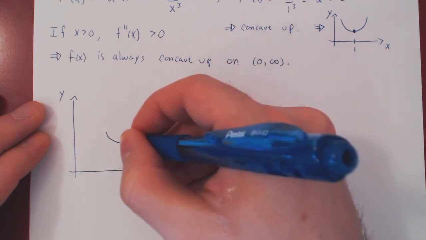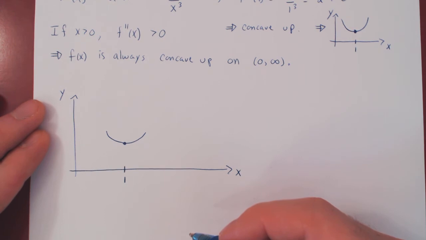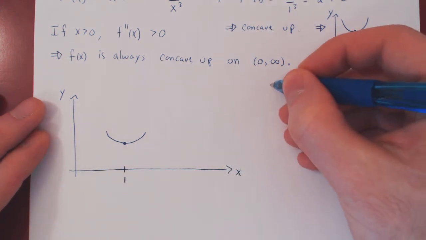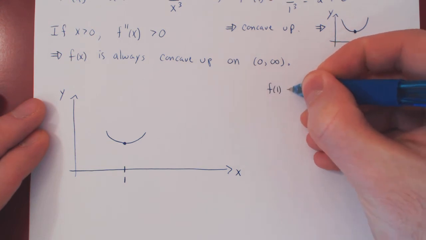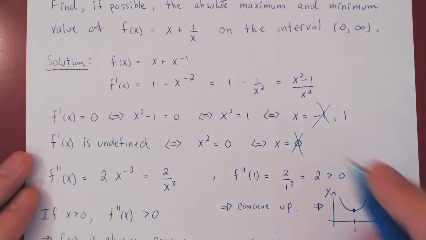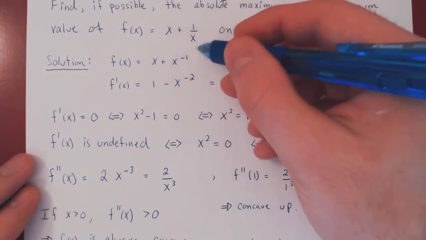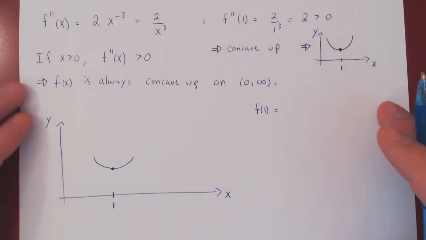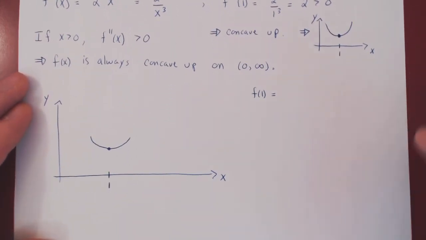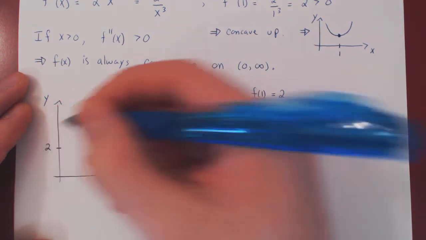The curve there has a derivative of 0, so it's flat. And we can ask, well, what is f of 1? What is the y value there? Well, f of x, if you recall just by looking back up, is x plus 1 over x. And so f of 1 will be 1 plus 1 over 1, which is 1 plus 1, which is 2. So the y value at x equals 1 is 2.